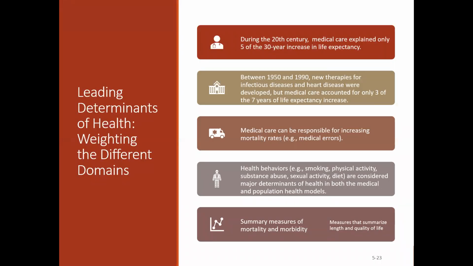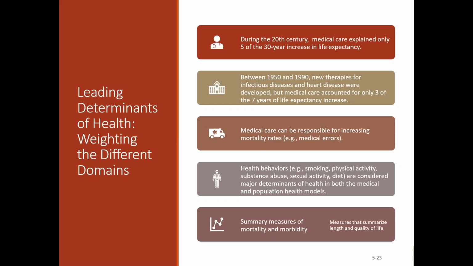Some of the leading determinants of health involve weighting the different domains. It's important to understand that during the 20th century, medical care explained only 5 of the 30-year increase in life expectancy. Between 1950 and 1990, new therapies for infectious disease and heart disease were developed, but medical care accounted for only 3 of the 7 years of life expectancy increase.